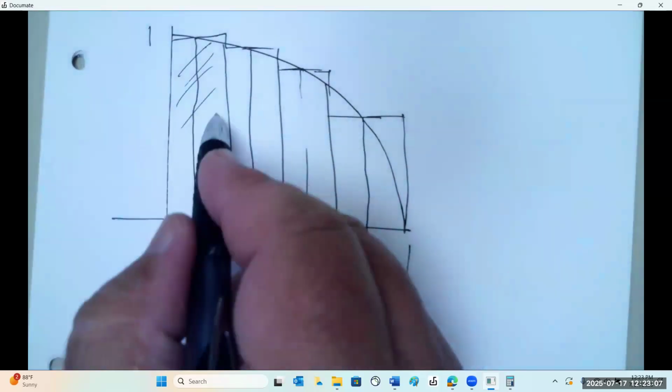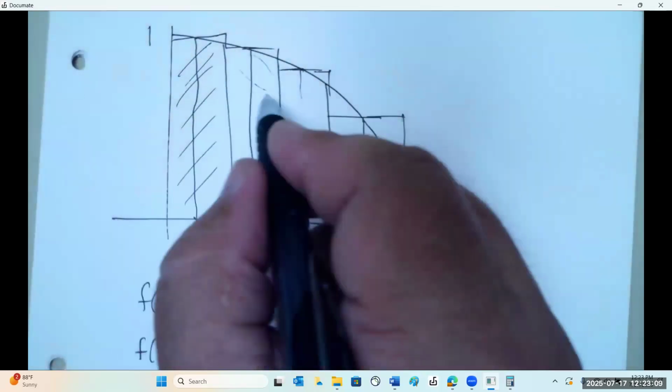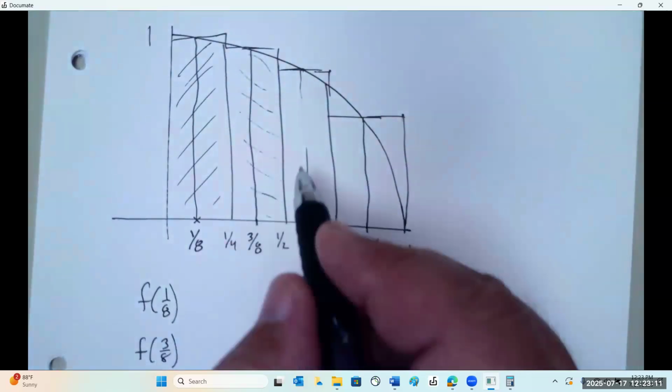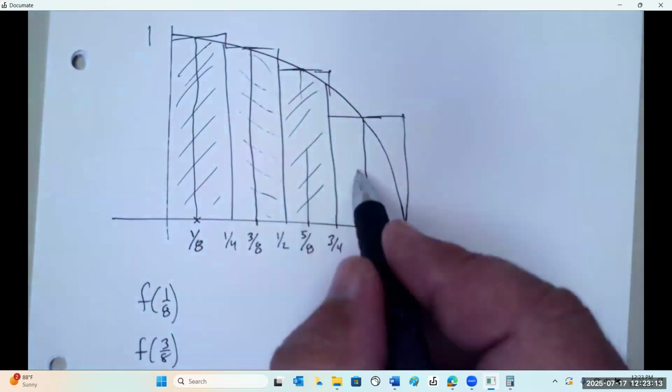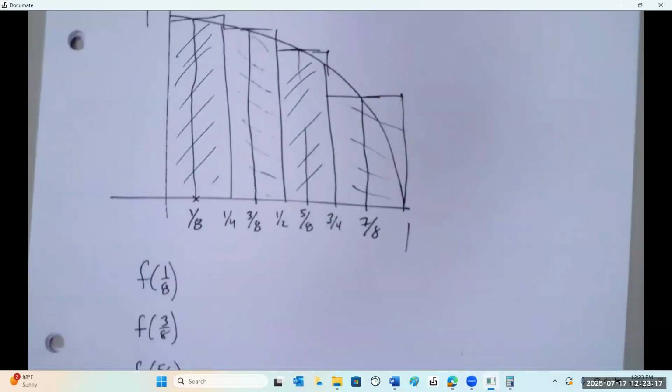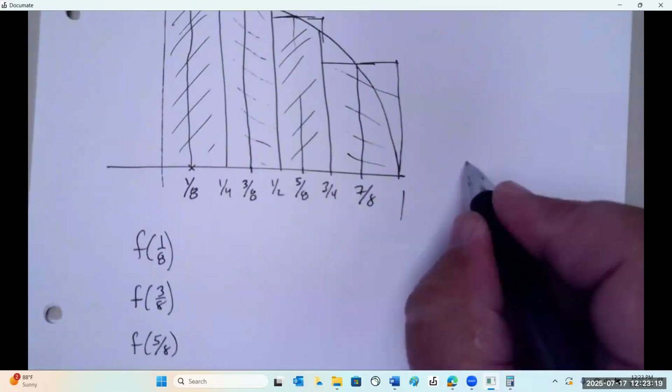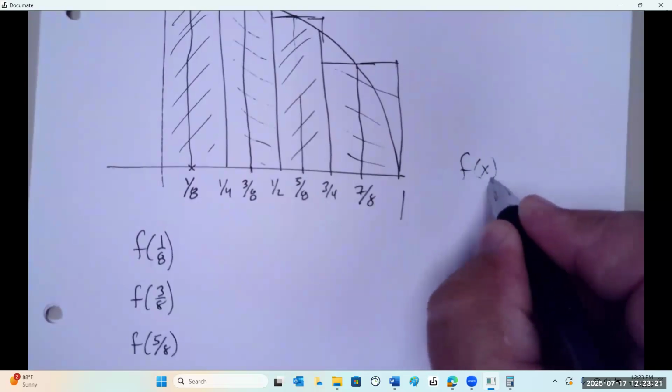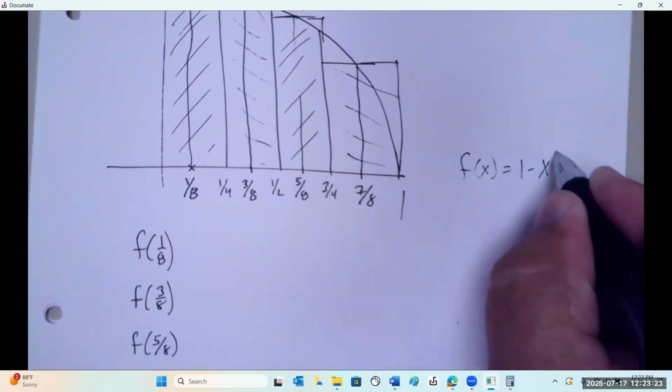So I'm looking for this area, this area, this area, and this area. The function is still the same: 1 minus x squared.